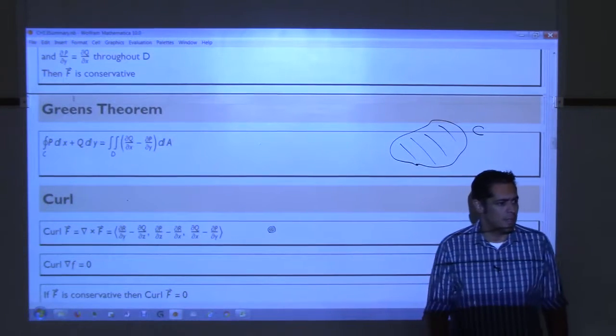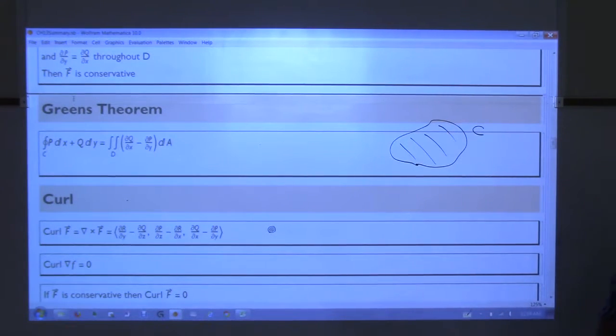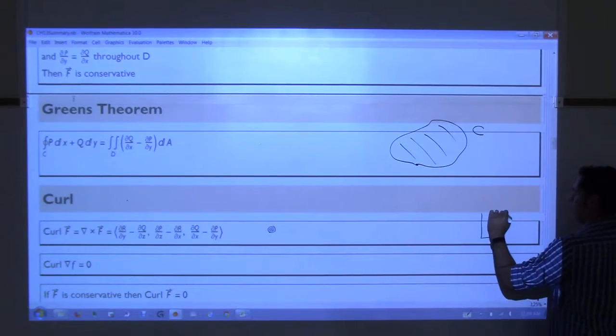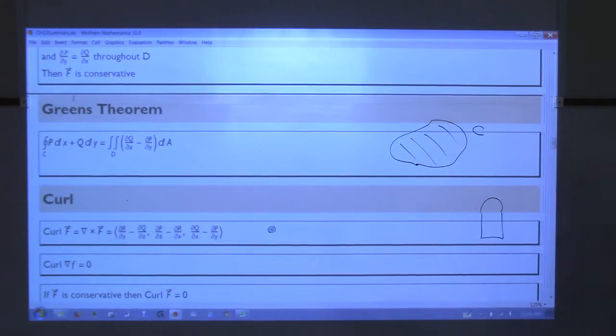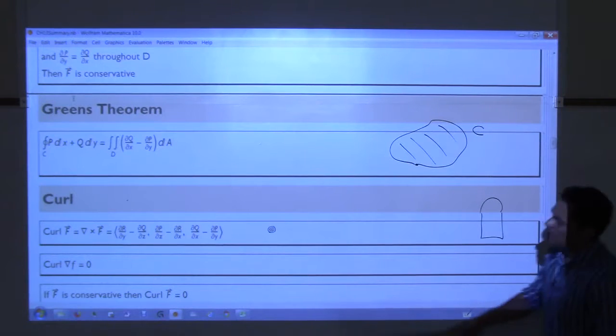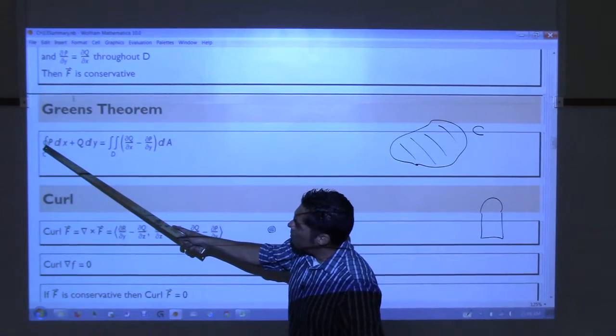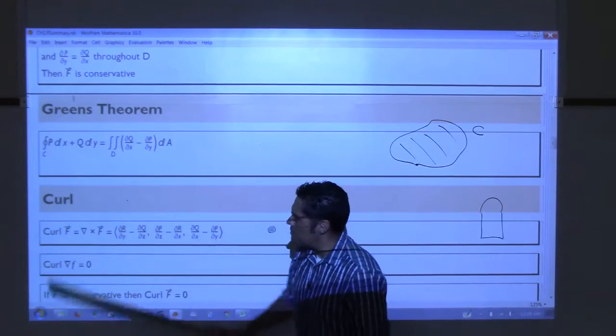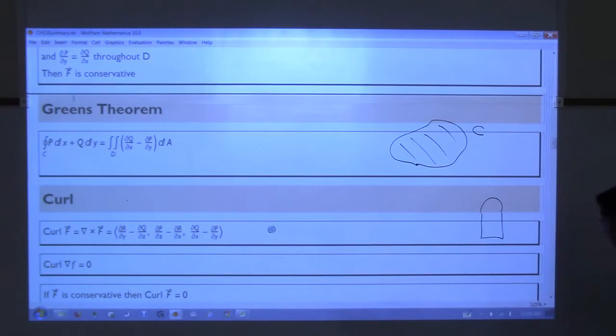That was Green's theorem, and that was also a homework problem. You can tell it's a closed curve because of the little circle around the integral sign.